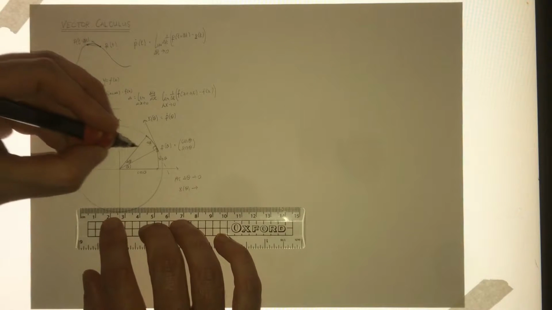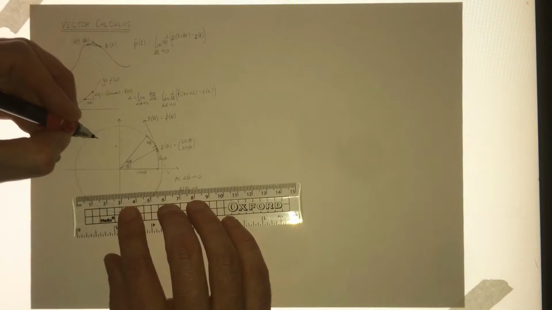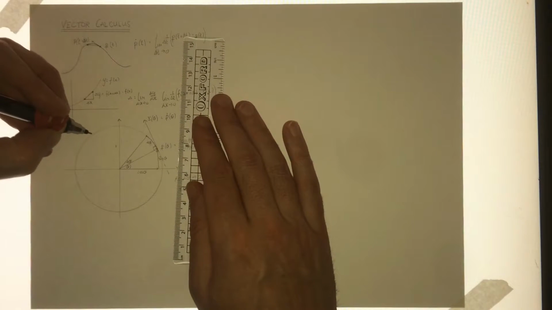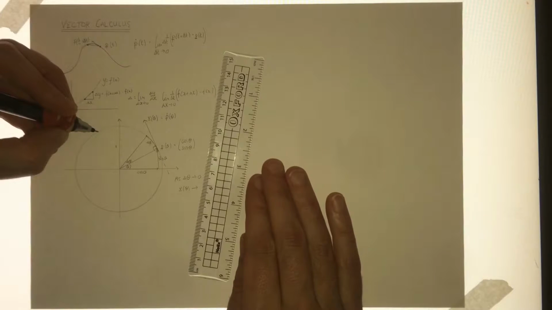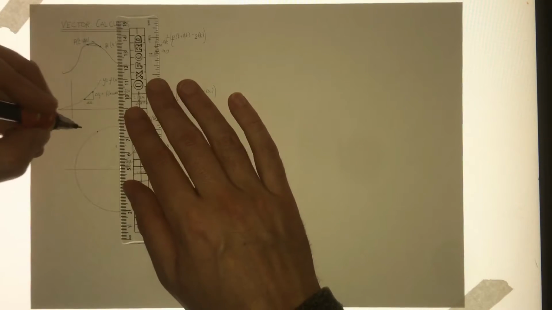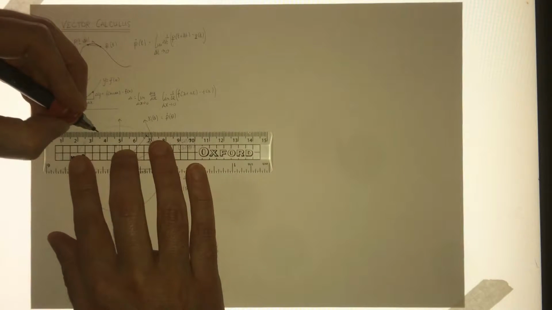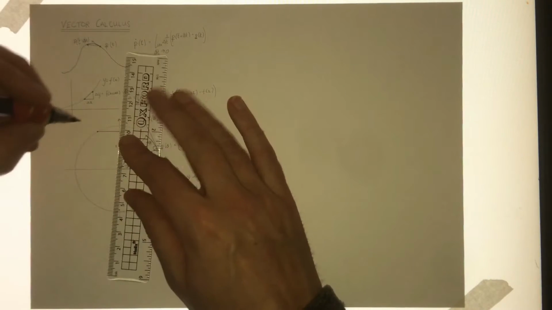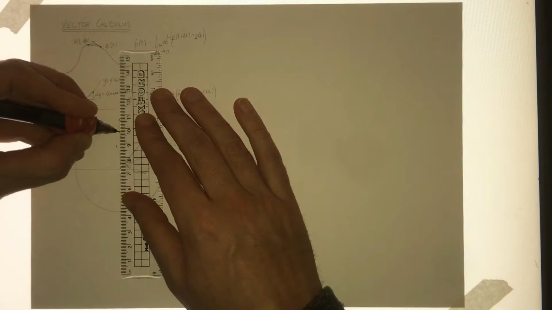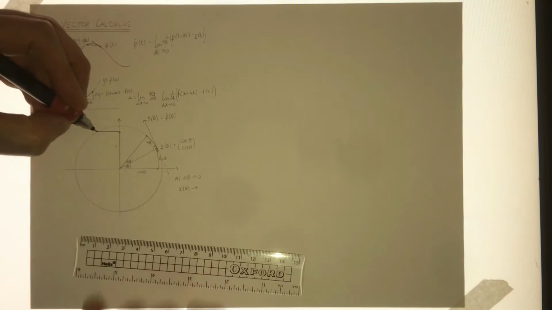So to get a perpendicular vector, we go up cos theta and back sine theta. That's what we should be aiming for. And so we're going up by cos theta and back by sine theta.